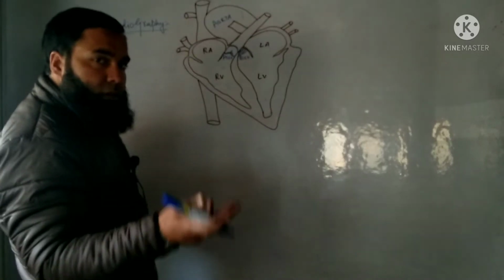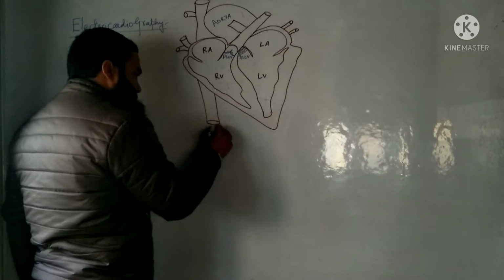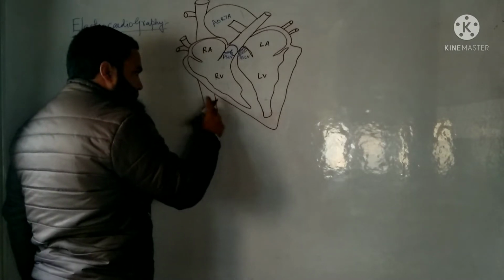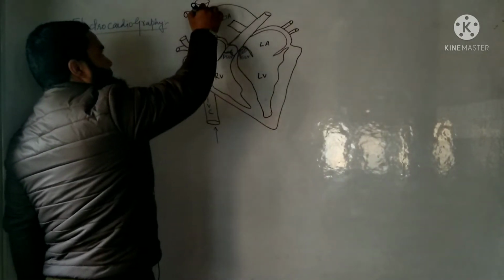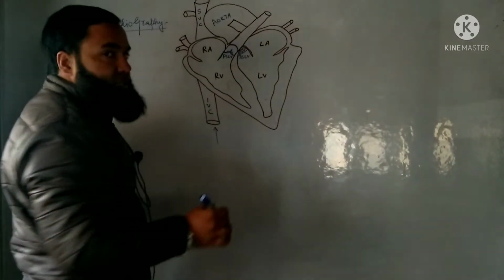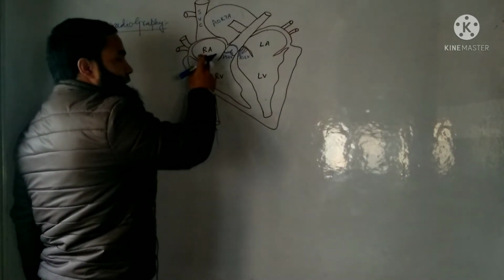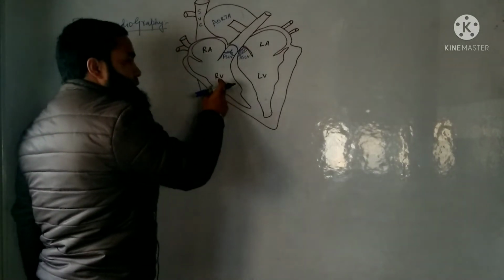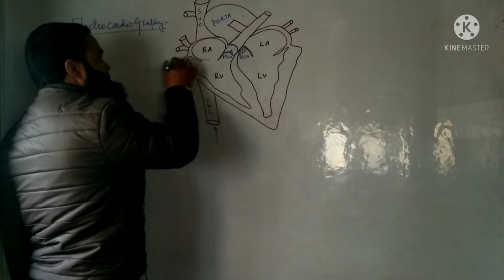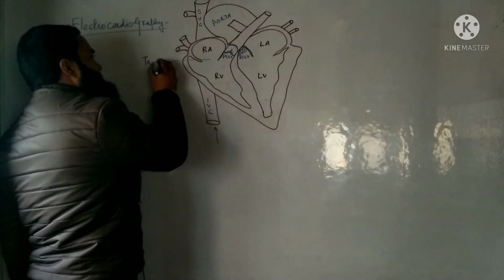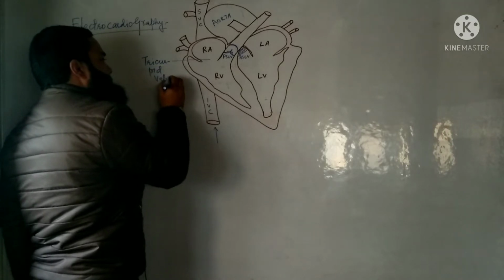Then the deoxygenated blood comes from the body and enters into the inferior vena cava, IVC, and superior vena cava, SVC, and then enters the right atrium. From the right atrium, it goes into the right ventricle by means of the tricuspid valve.